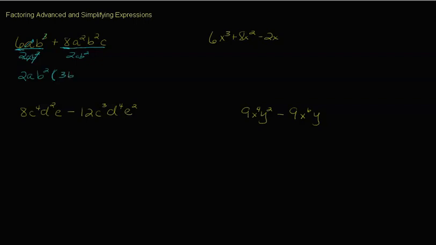So you're left with 3b plus 8 divided by 2 is 4. A squared divided by a is a. B squared divided by b squared cancel each other out, so there are no b's left. And then you're left with a c. You can't add these together because they're not like terms. This has a B and this is a C, so you're just left with this being your answer.